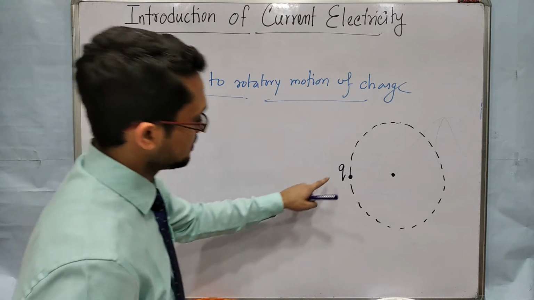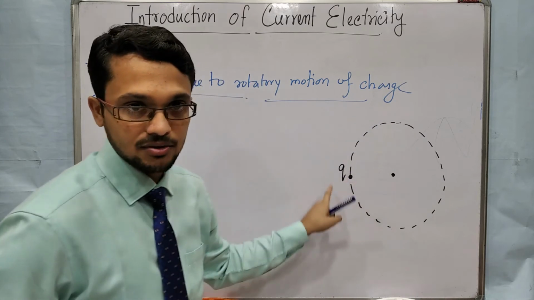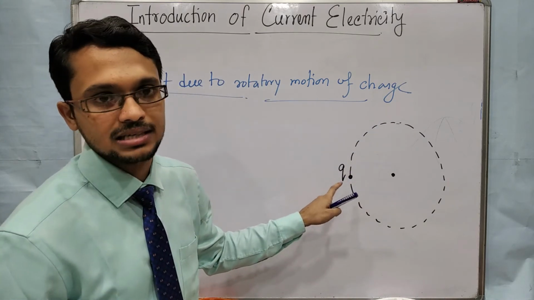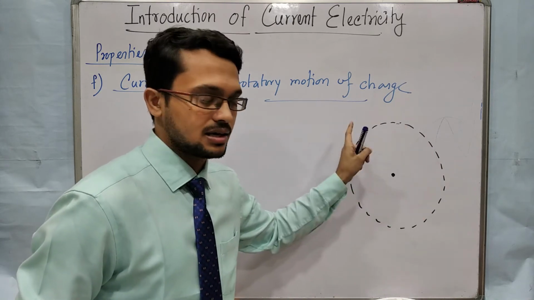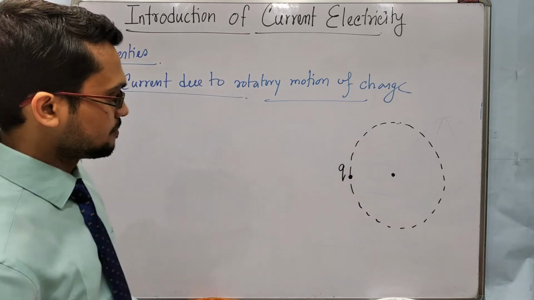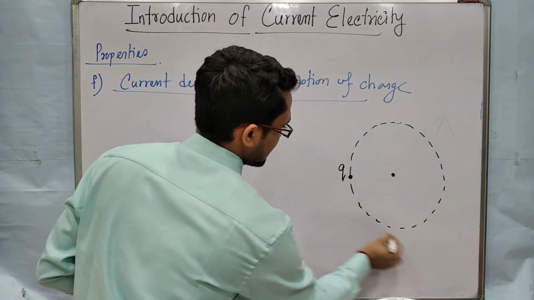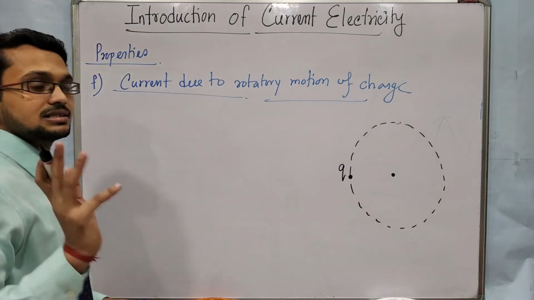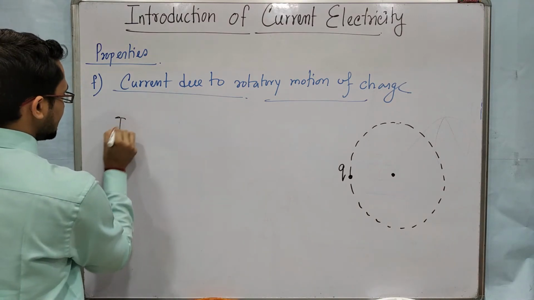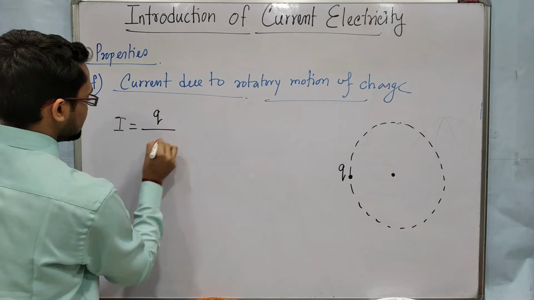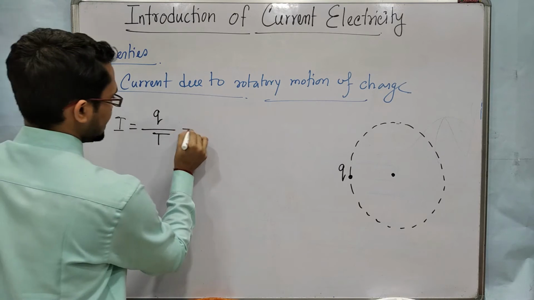After how much time will that charge come back here? After a particular time. That time is known as time period, because it is a circular, rotational, oscillatory motion, you can say. So the charge will again come back to this point after a particular time, that is known as time period. So current will be charge divided by that time period. How will you find that time period?